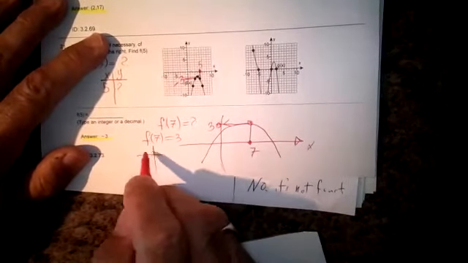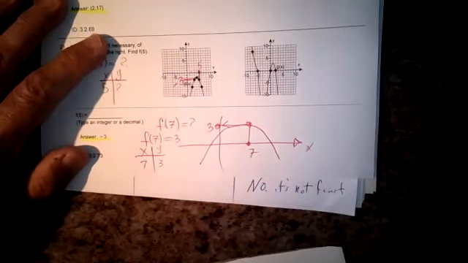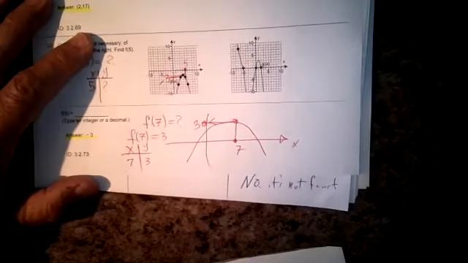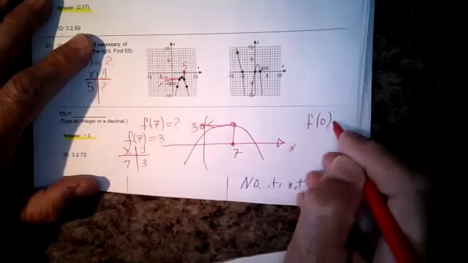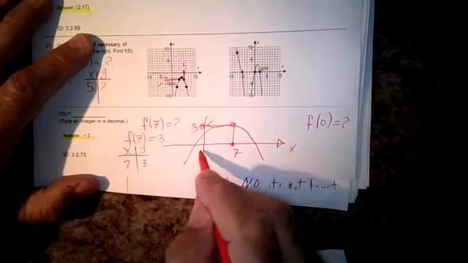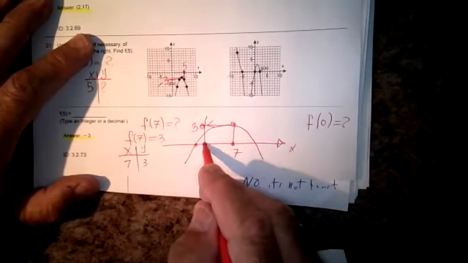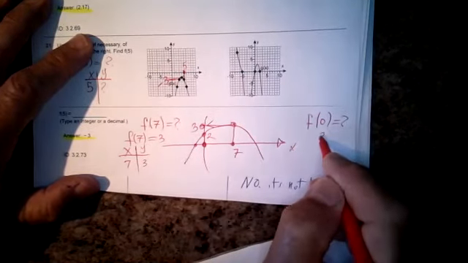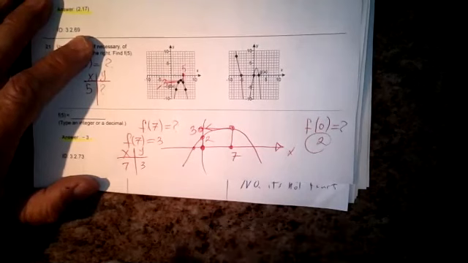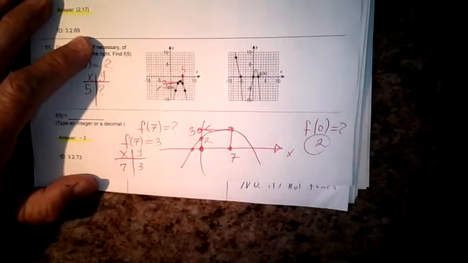Or when x is 7, y is 3. That's what it means. Like here, what is f of 0? Here. You go up and you put that point. What is that, 2? Then you say it is 2. Okay? So that would be the end of section 3.2.